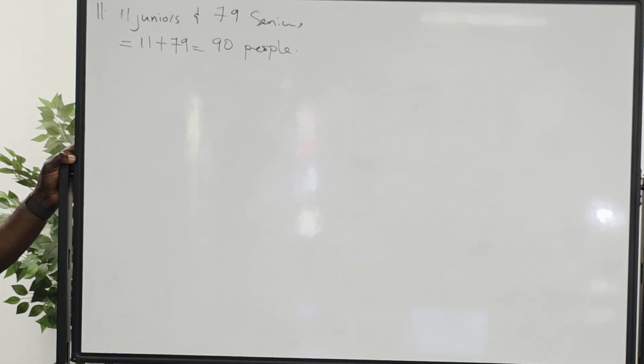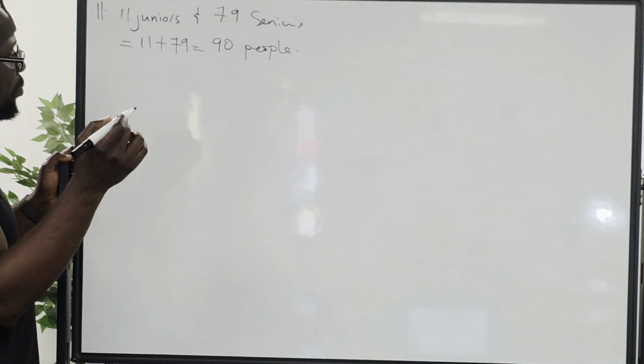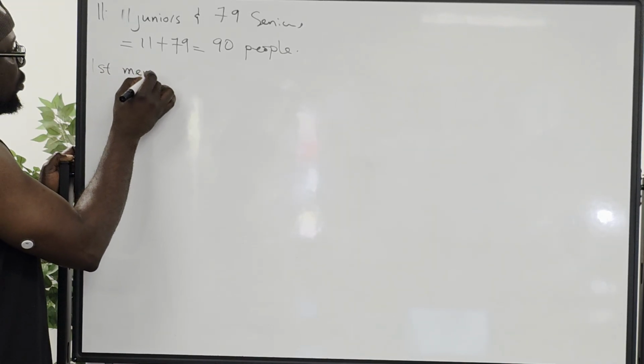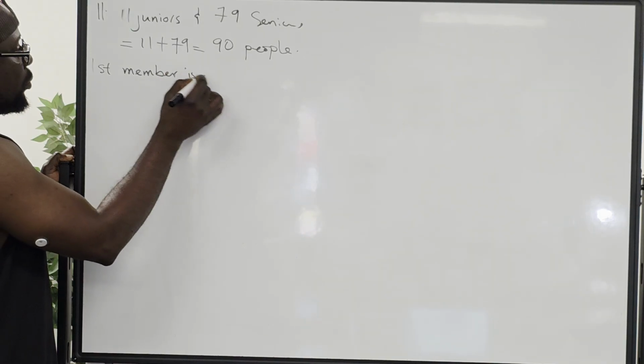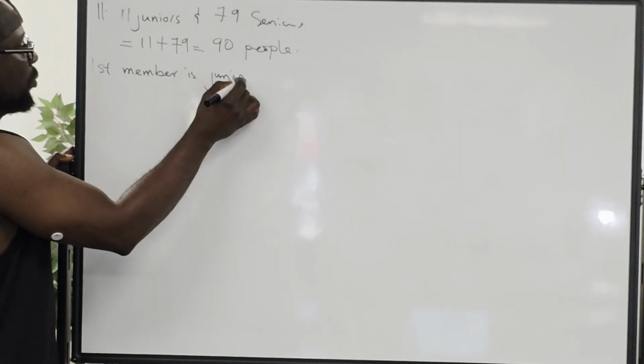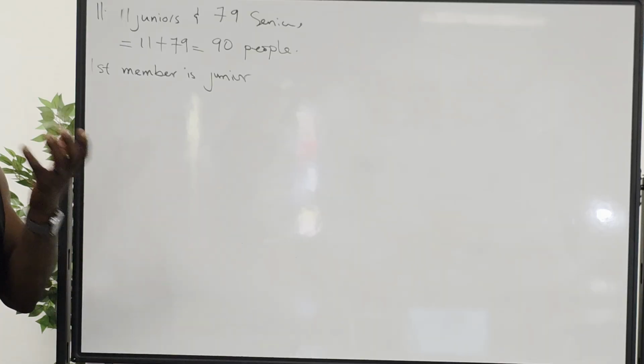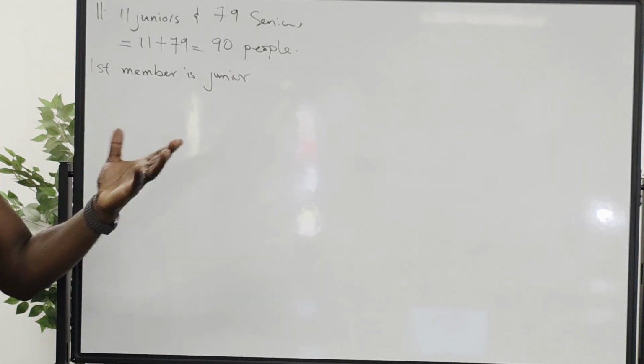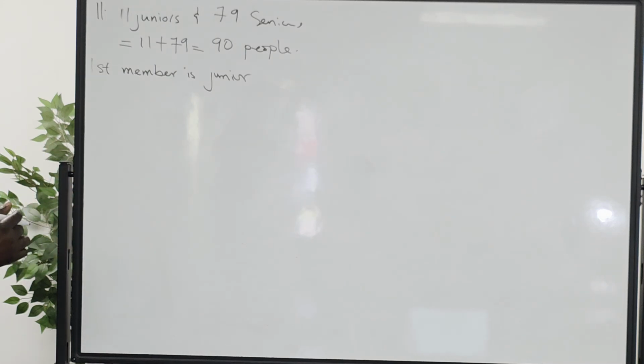The question said that two different members of the committee will be randomly selected, and that the first member is a junior, so they selected one member. If one member has been selected, instead of 90 people, we now have 89 people left that they can select from. So they said, what is the probability that the second member selected is a senior?